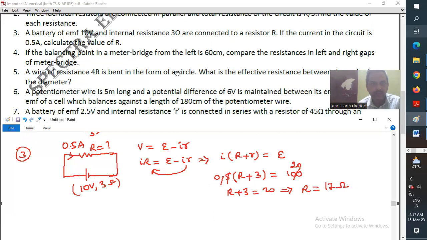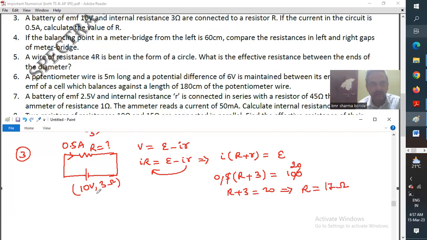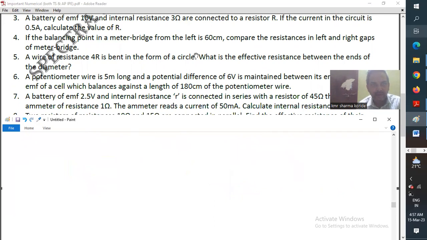If the balancing point in a meter bridge from the left is 60 centimeters, compare the resistances in left and right gaps of the meter bridge. So get back the meter bridge condition. X by Y, the ratio of the resistances connected in the left and right gap, is L1 by L2. Once you know L1, you can write L2 as 100 minus L1.